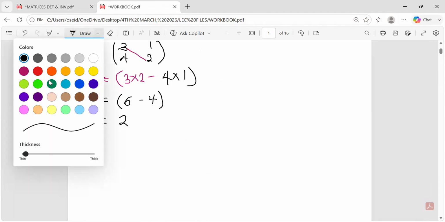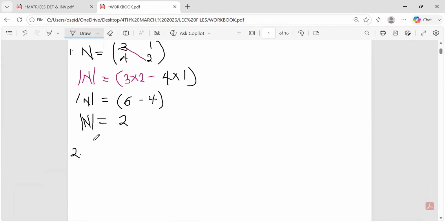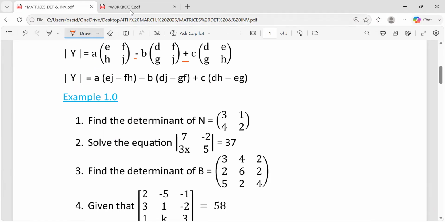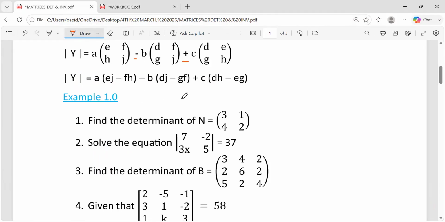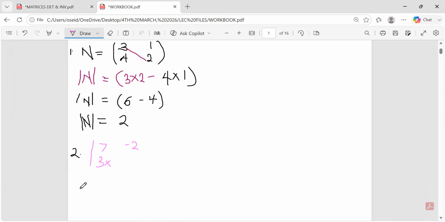So we have 7, minus 2, 3x, 5, equals 37.